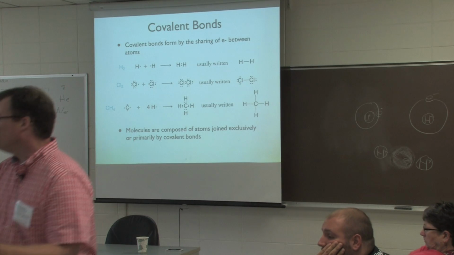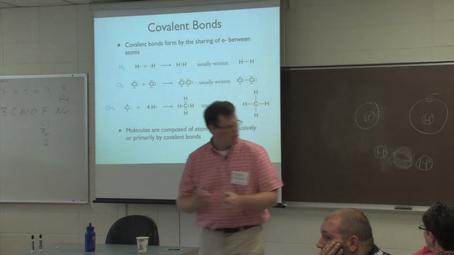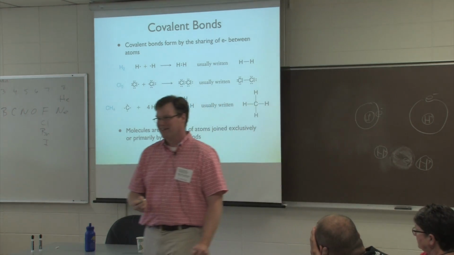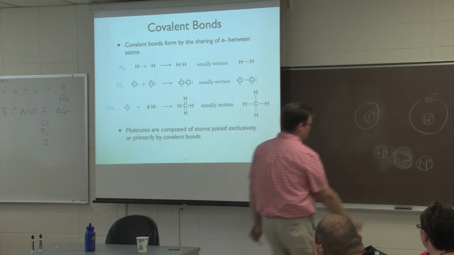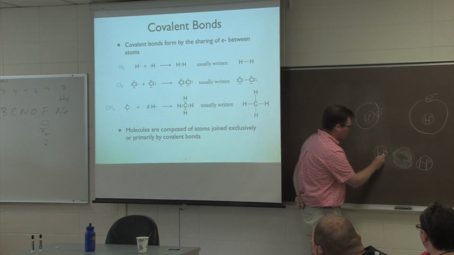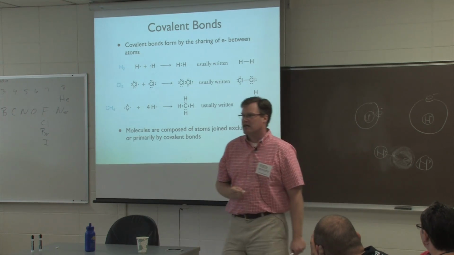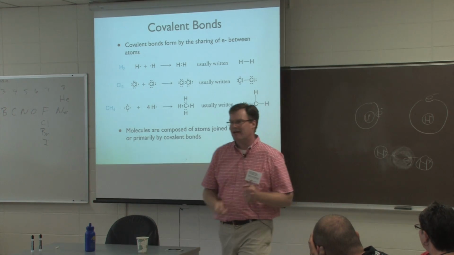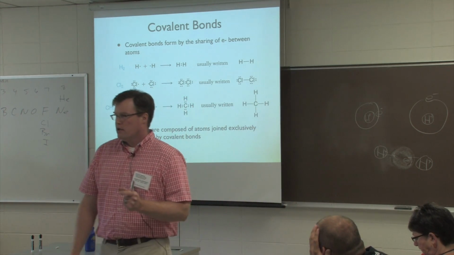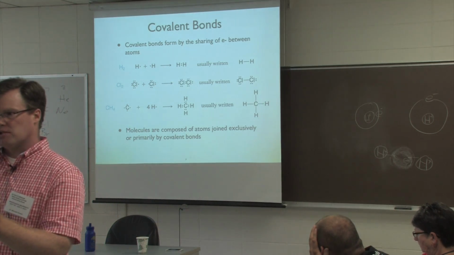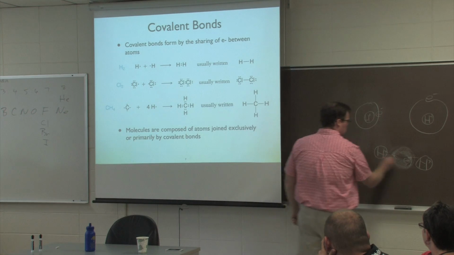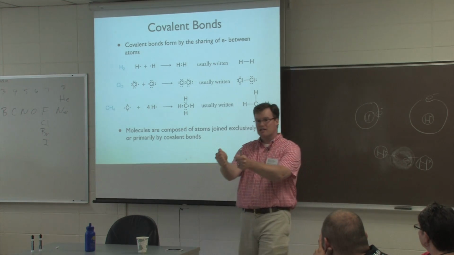What does that really mean for us? These two positive nuclei are going to be repelling one another, right? But if you put two electrons in here, this positive charge is going to be attracted to an electron, and the other positive charge is going to be attracted to an electron. They're sharing those electrons. They're balancing out those charges. And that attraction between those two opposite charges overrides the repulsion that you'd get as you brought two positive nuclei together.